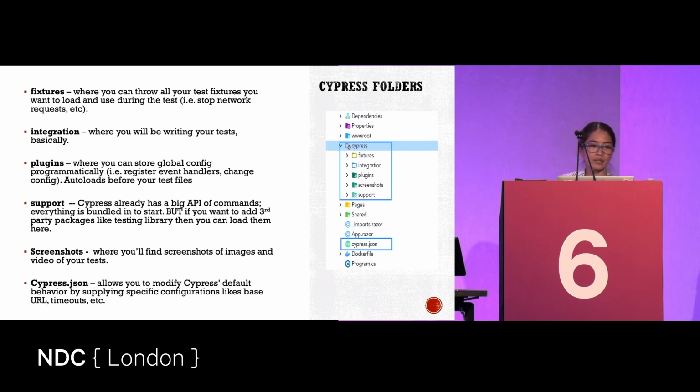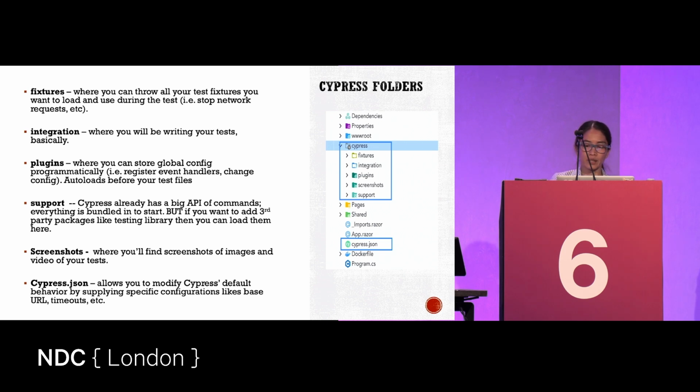And then plugins. This is where you store your global config, like registering your event handlers and changing config. It autoloads before your test files. And then support. Like I mentioned, Cypress already has a big API of commands, but if you want to add third-party packages, you can do so.